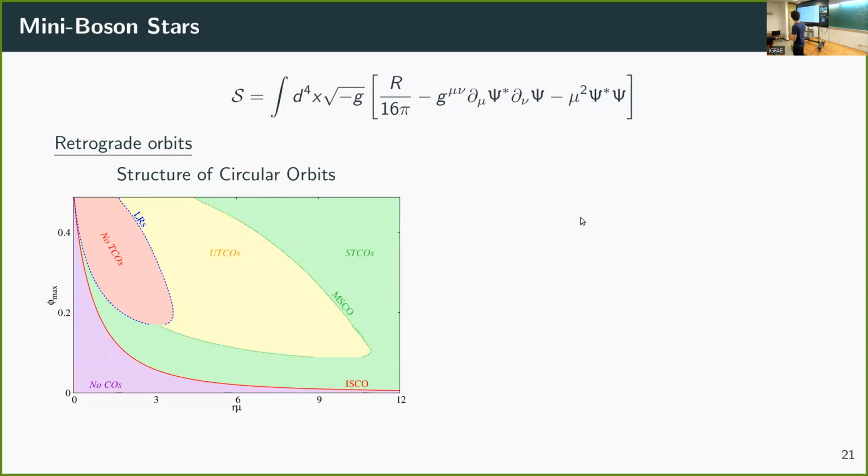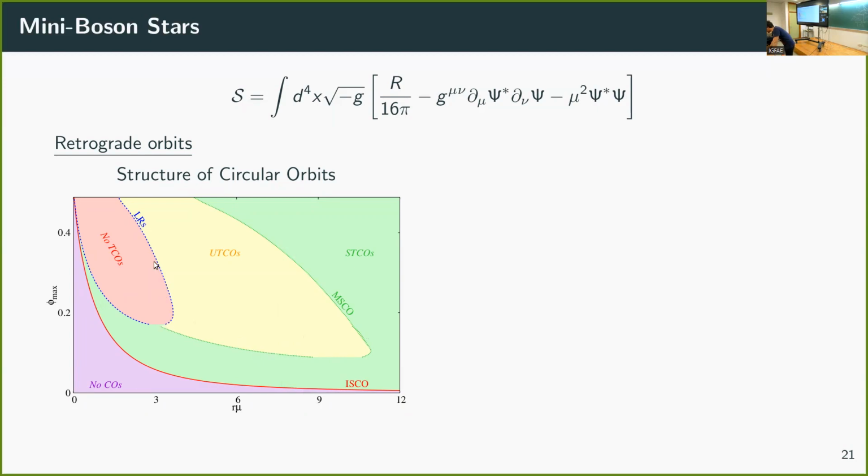Now you can do exactly the same for the retrograde orbits, so the orbits that are contra-rotating. As you can see, the structure is much more complicated. The dilute solutions are the same as in the prograde case, but then we start to have this region of instability, and with that appears the MSCO. And then for even more compact solutions, we start to have this pair of light rings.